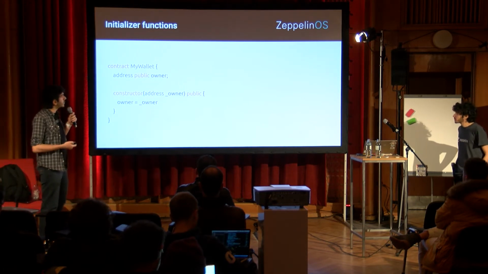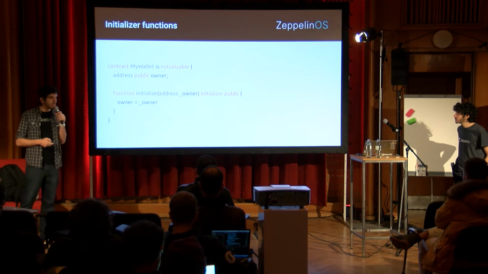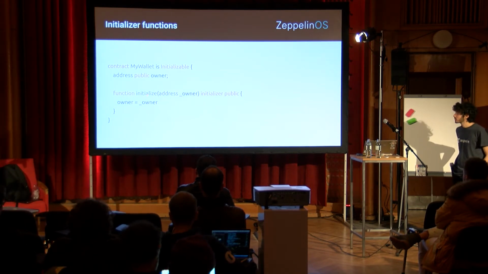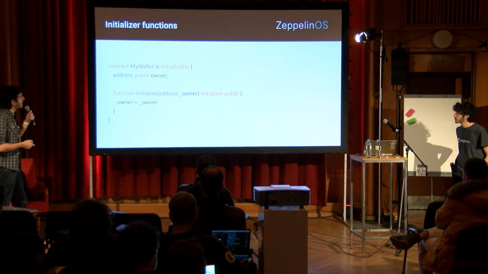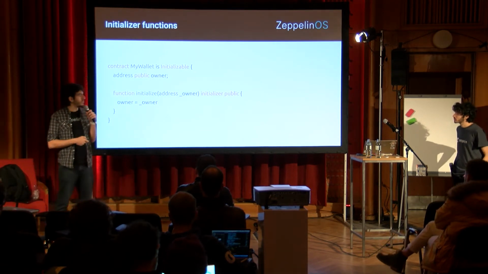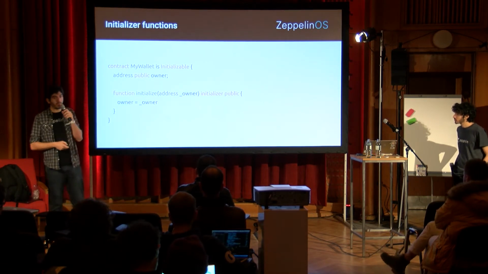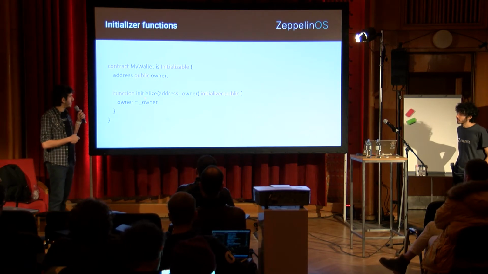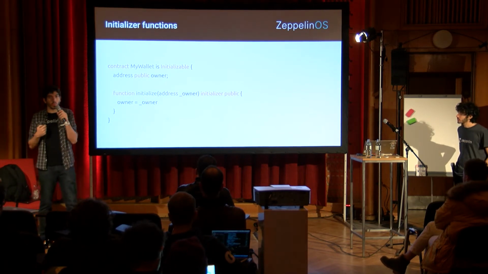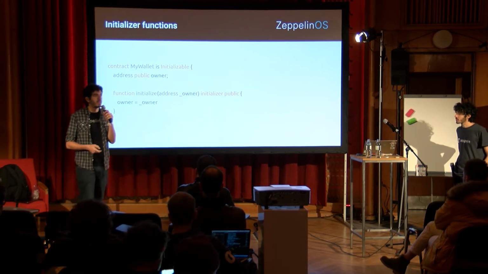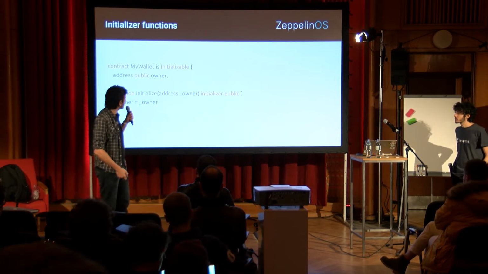If you're looking forward to working with upgradable contracts, you need to change this into a standard function. By convention, we typically call it initialize. And we provide a contract that you can inherit from, that's an initializer modifier. Basically, all this initializer is doing is ensuring that this function can only be called once. So once the contract has already been initialized, it cannot be reinitialized again.